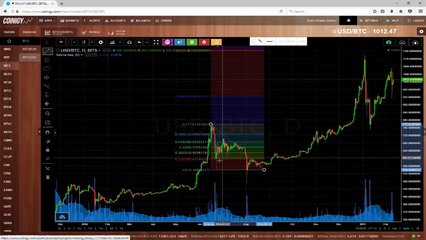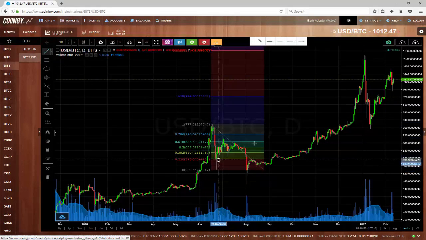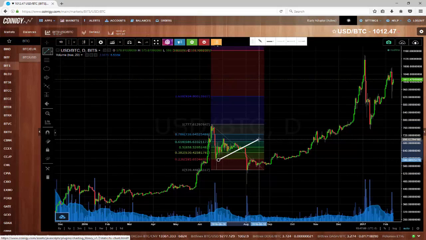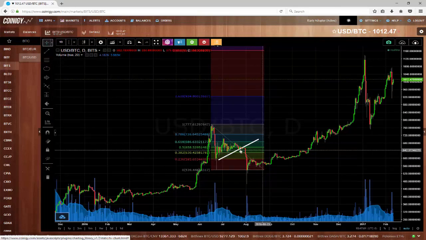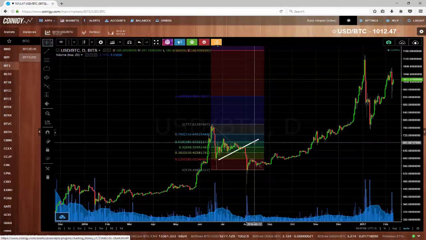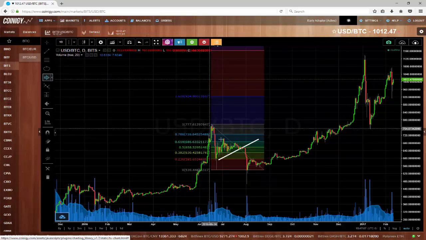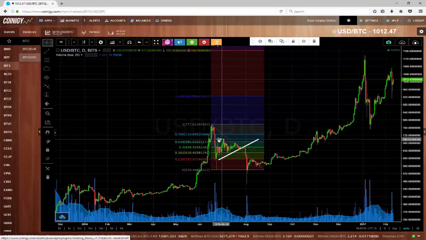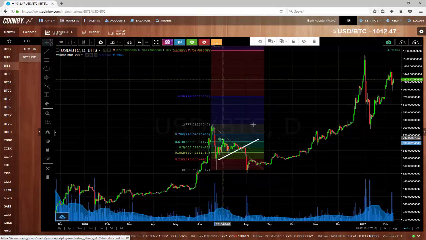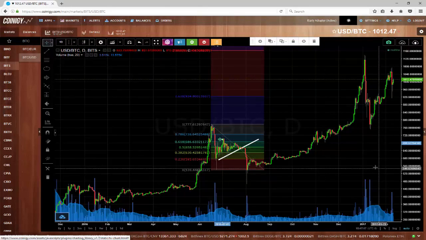So if you were to just measure the breakdown on this, here's the breakdown, and there are different areas where you could short. You could short right at that 61.8 level. You could add to it on confirmation of a breakdown. So there are different ways you can play that.